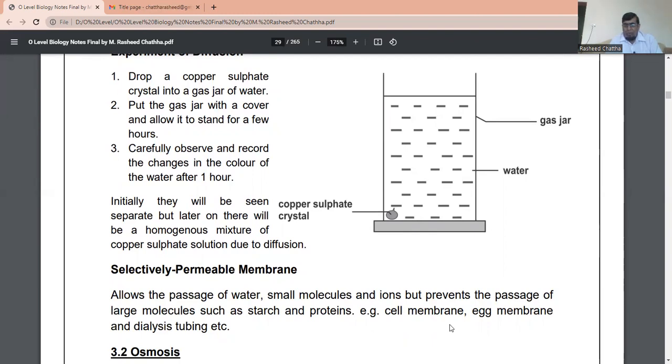The crystal of copper sulfate is 100% and in the surrounding water the concentration is less. So the copper sulfate will diffuse from higher towards lower concentration. Similarly, the water is more in the surroundings, so it will move from higher to lower concentration towards the crystal of copper sulfate. So within a few minutes all the material will be homogenized. This is because of diffusion.